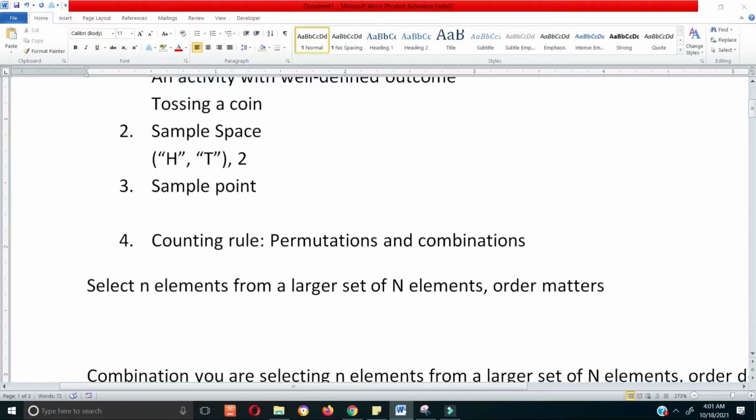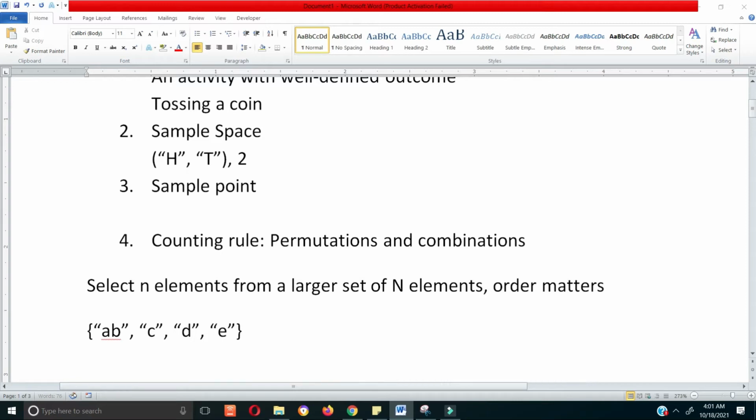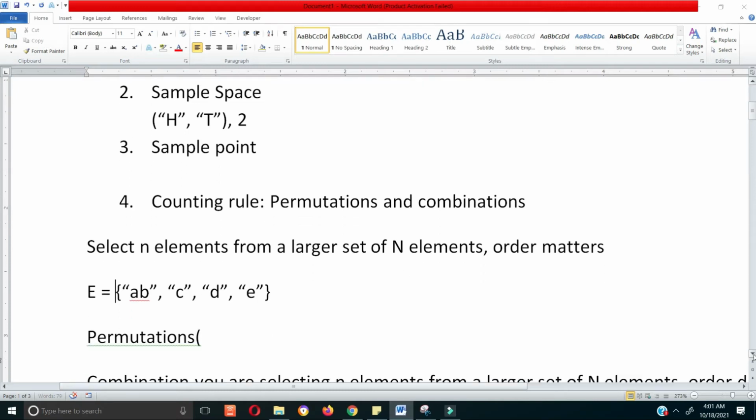So when you're doing a permutation, for instance, if you have this superset A, B, C, D, E, then the set of permutations, the sample space, is going to include things like this first possible outcome.